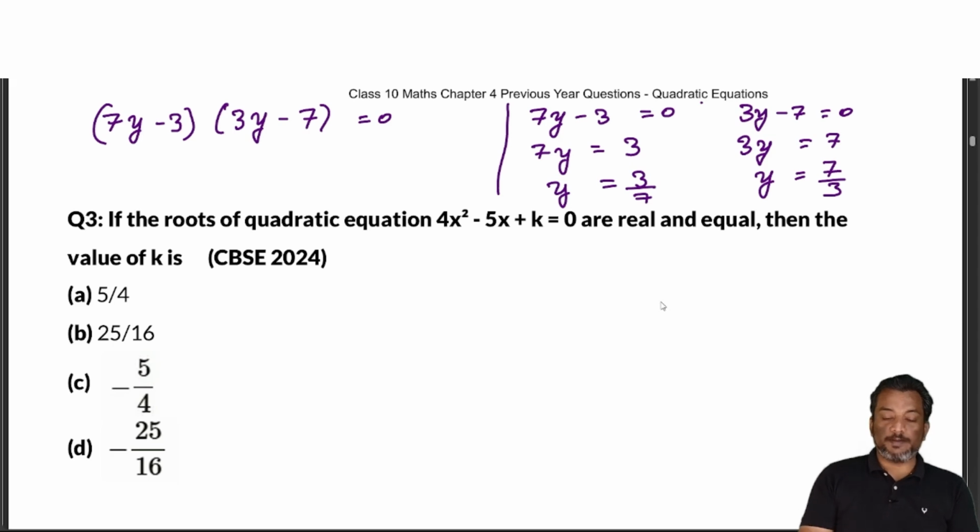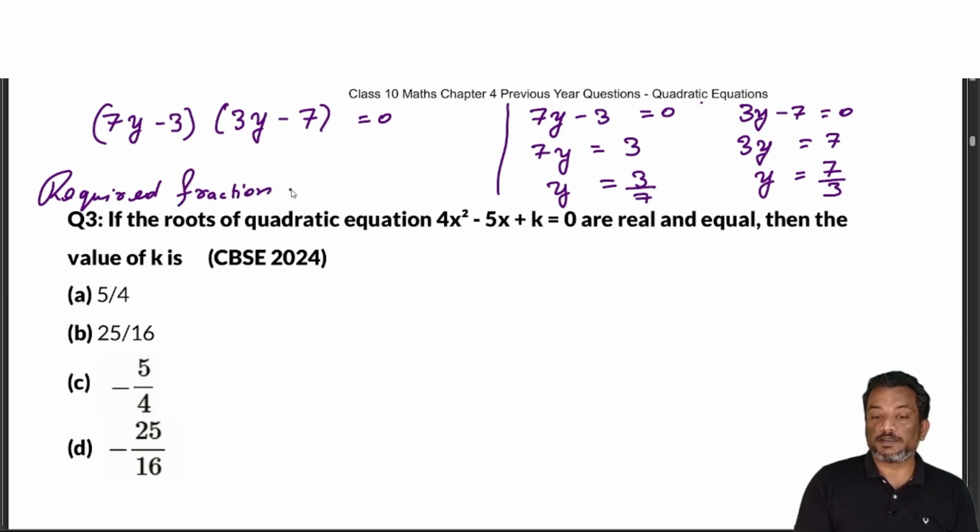Hope you understand. You can see both fractions 3 over 7 and 7 over 3 are reciprocals of each other. So the required fractions are 3 over 7 and 7 over 3. Hope you got it.